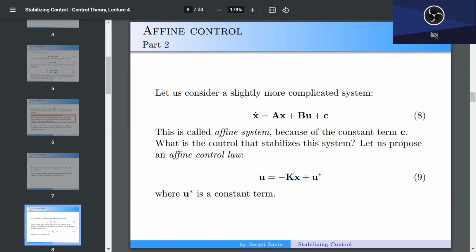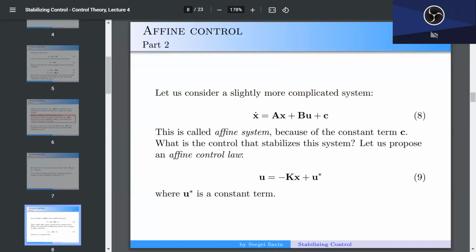So this affine system will force us to actually use a controller which should be affine as well. So instead of just being linear with respect to x, it is also going to have a constant term. So it will be minus Kx plus u star. I'll insist on using u star for the constant term. And you can start to object. You can say, wait a second, you used star before to declare your nodes, or your solution points where your solution goes to 0, right? x star was a node, right?